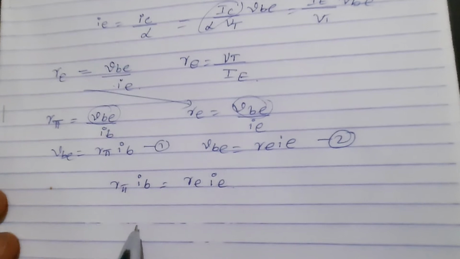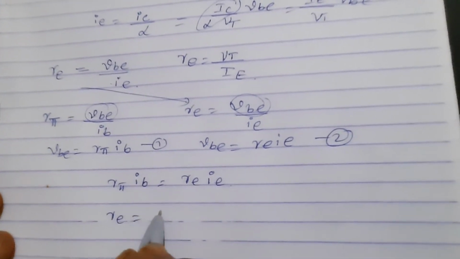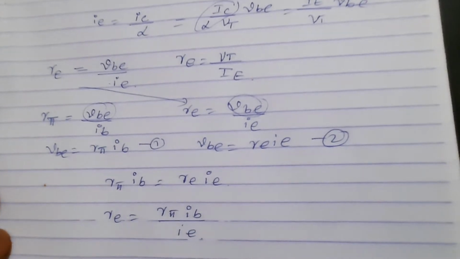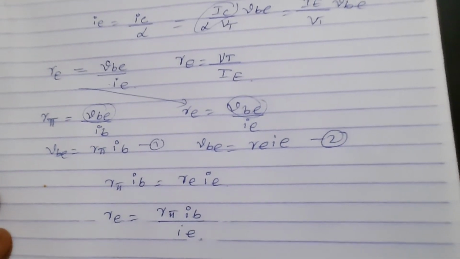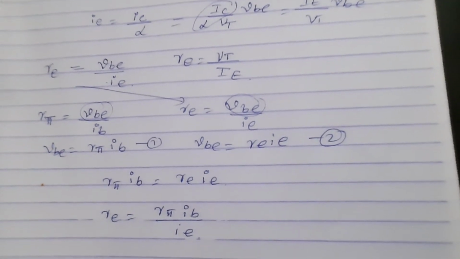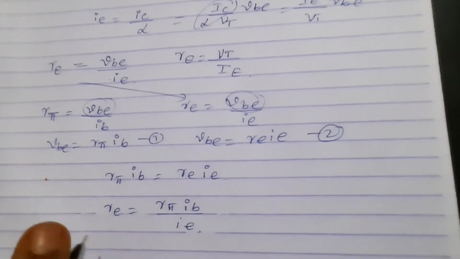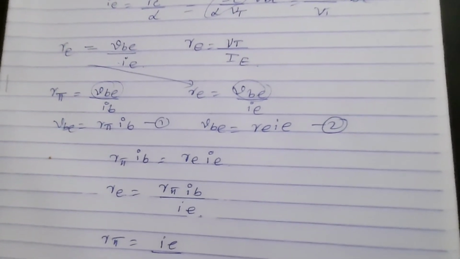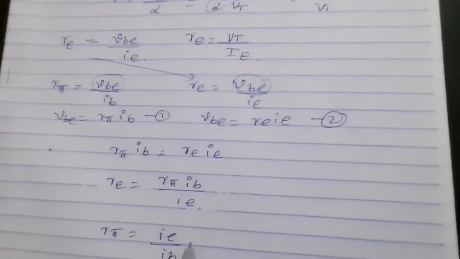From this I'll find the resistance at the emitter as re equals r pi into ib by ie. This is the expression for re, or even r pi can be written as ie by ib into re.